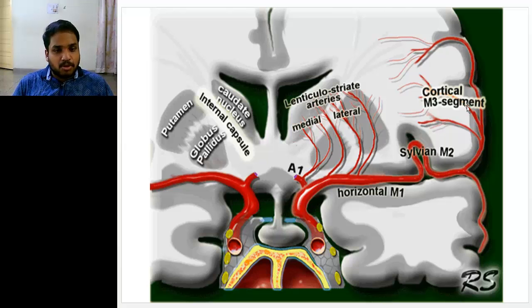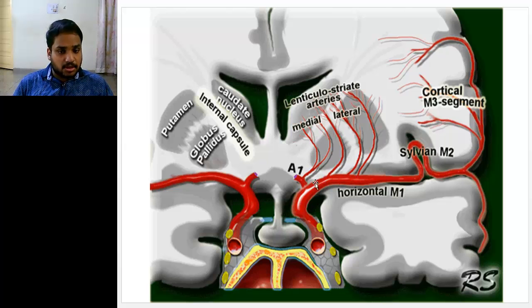So there will be both cortical symptoms as well as symptoms related to these. Since the lenticulostriate arteries, which are branches of the middle cerebral artery, supply the posterior limb of the internal capsule, you will get those symptoms. What are they? Contralateral hemiplegia, contralateral hemianesthesia as well as homonymous hemianopia, right? That is due to the blockade of the lenticulostriate arteries.